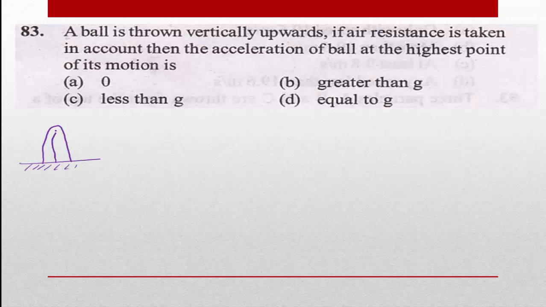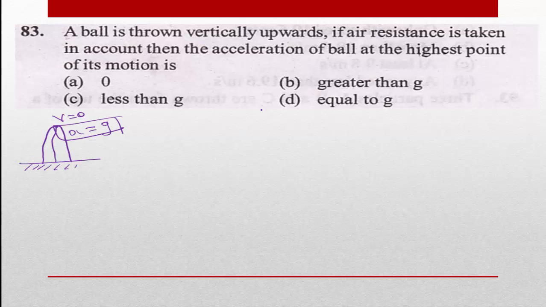At the highest point, the velocity of that ball is 0. But with air resistance, the acceleration of the ball at this highest point, that is a equal to g. The net acceleration is g.